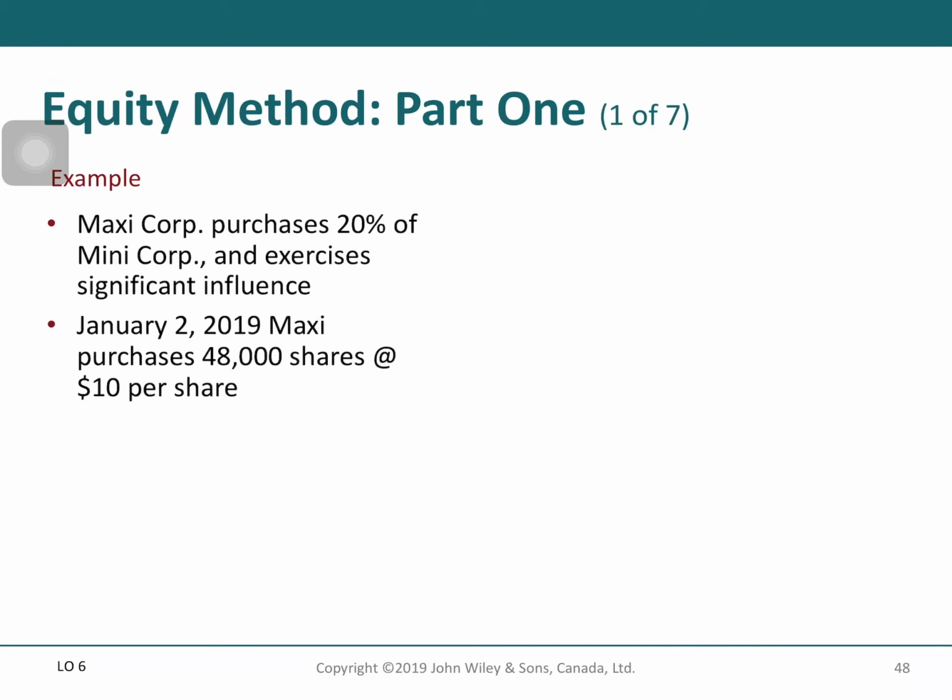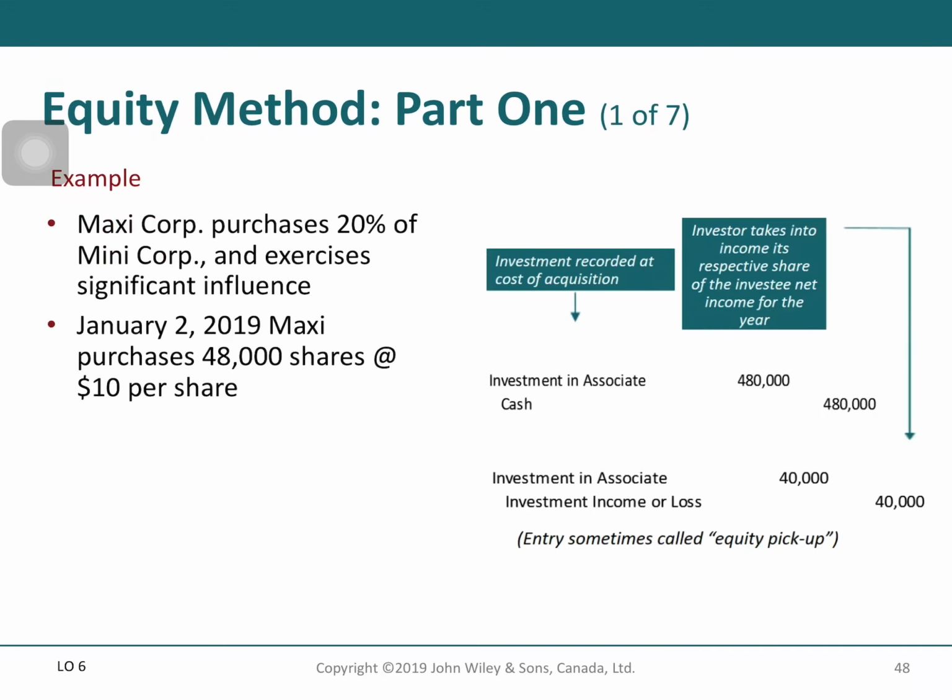So let's go to the example. Maxi Corporation purchases 20% of Mini Corporation and exercises significant influence. Okay, so Maxi Corporation, let's say your company, buys 20% of Mini Corporation. So 20% means investment in associate.